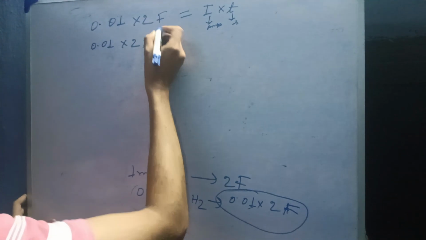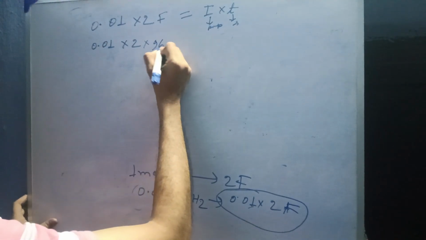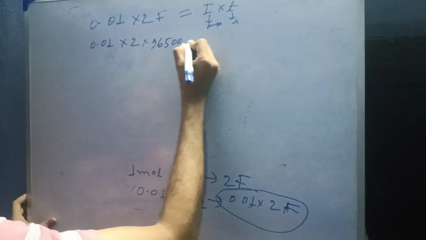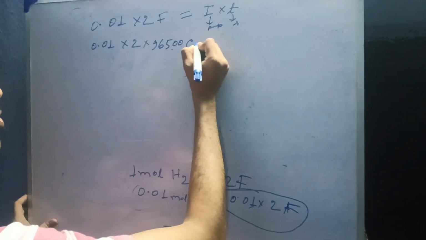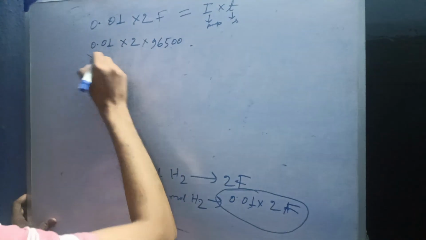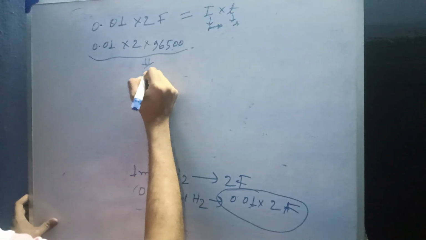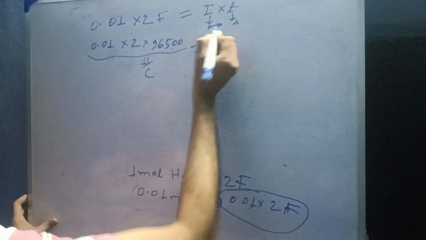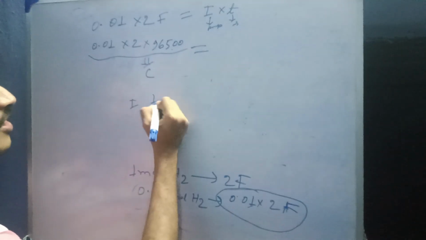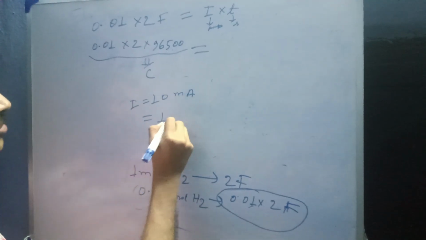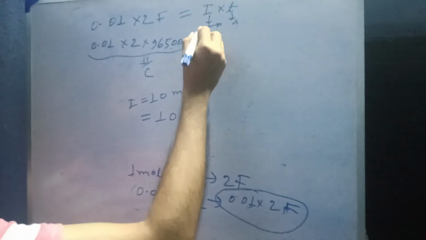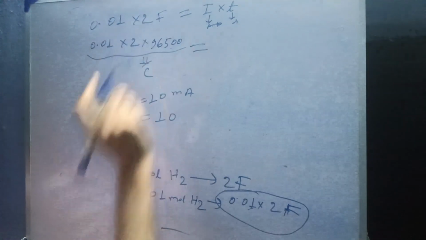Hence as 1 Faraday is 96,500 coulombs, we multiply this. This total is in coulomb unit, and I is in ampere, but by the question I is 10 milliampere, and here I must be in ampere, not milliampere.